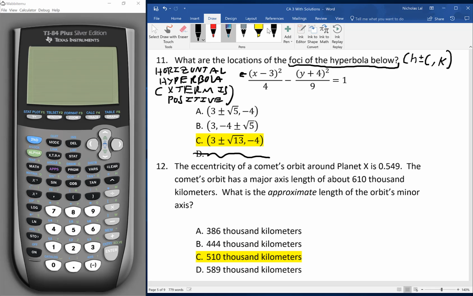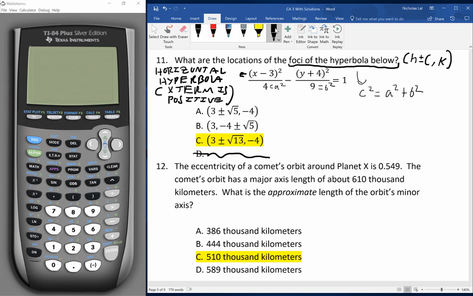All right. And to find c, the Pythagorean relation of a hyperbola is c squared is equal to a squared plus b squared. Remember, 4 in this case would be equal to a squared, and 9 would be equal to b squared. This is from the standard form of a hyperbola.